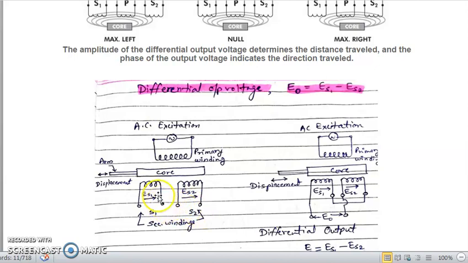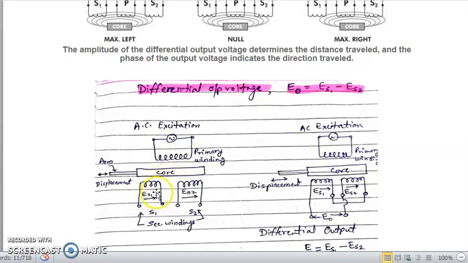If these are open, and an AC signal is connected to the primary winding, what will happen? Whenever an AC signal is passed through an inductor, magnetic flux is generated with the same frequency as the electrical signal. Since the windings are wrapped on the core, the magnetic flux will be linked through this core.